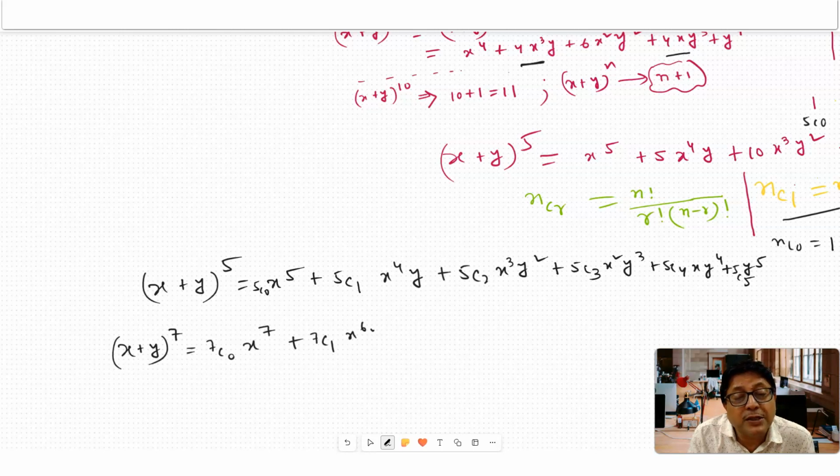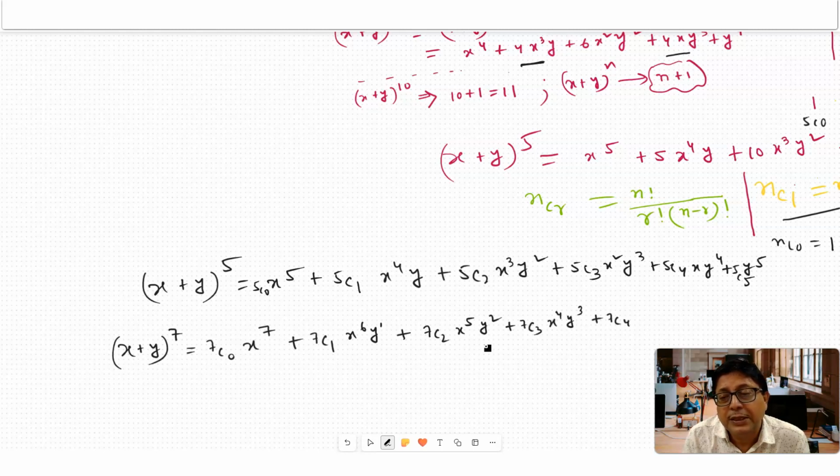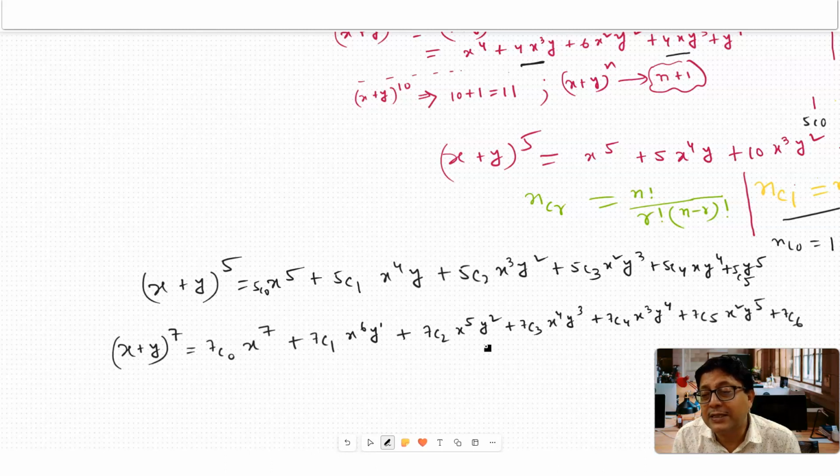This will be x to the power 6 into y, you can write y to the power 1, plus 7C2 x to the power 5 y square, 7C3 x^4 y cube, 7C4 x cube y^4, 7C5 x square y^5, 7C6 x y to the power 6, and the last one 7C7 y to the power 7.